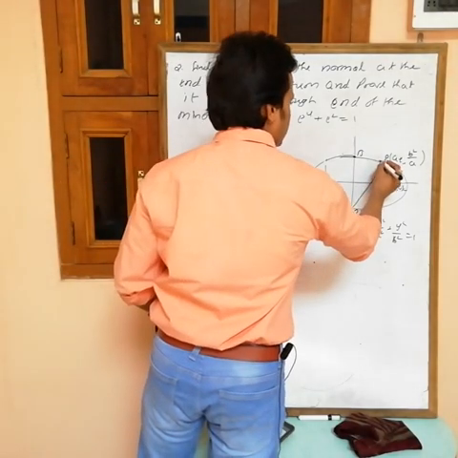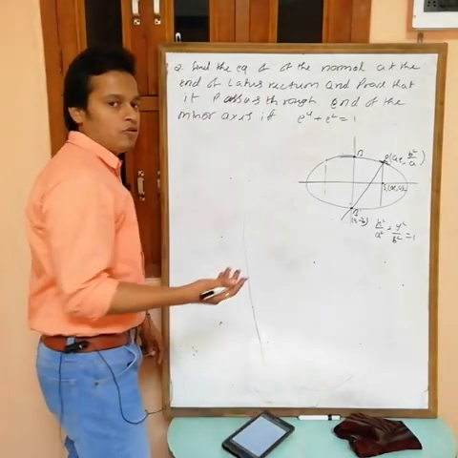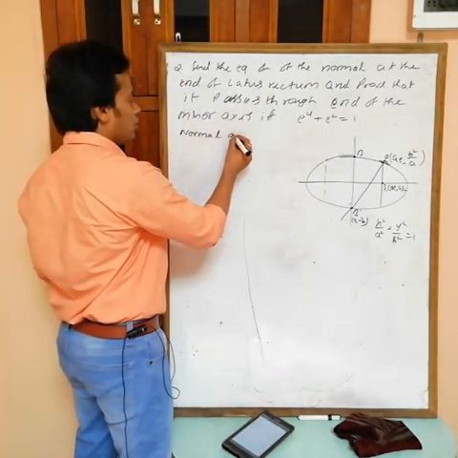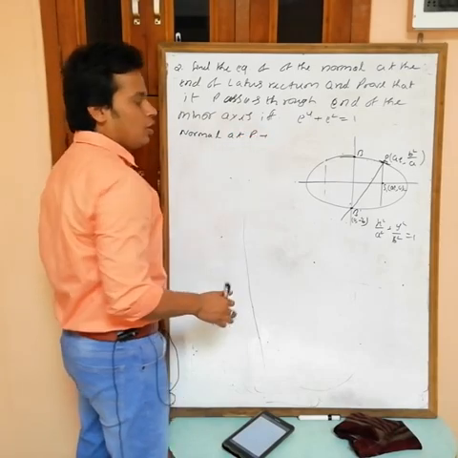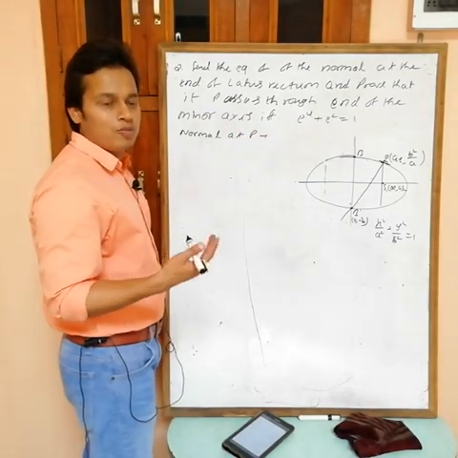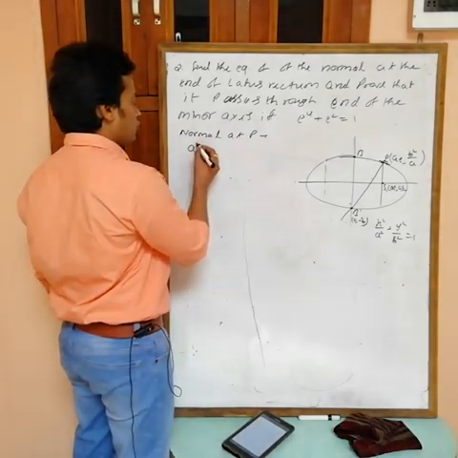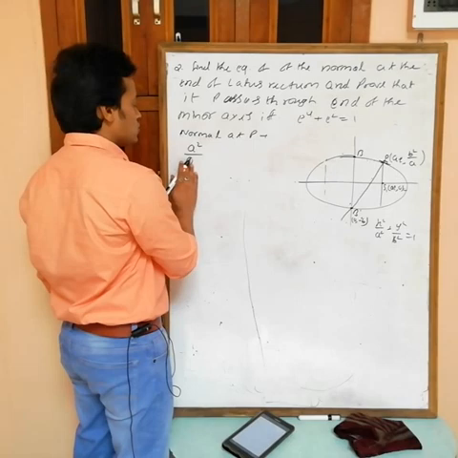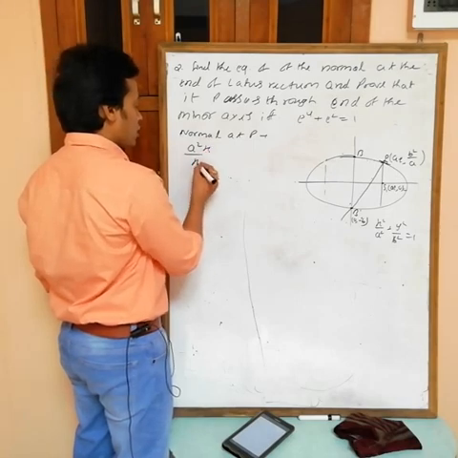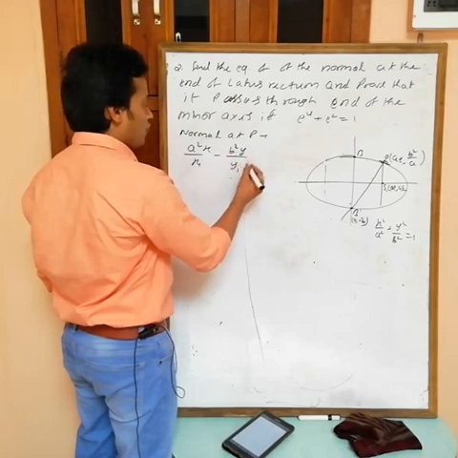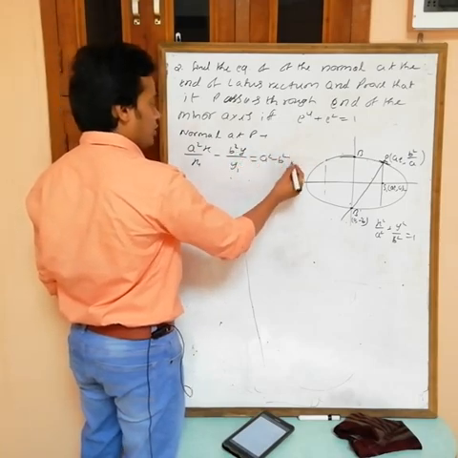So this is the normal at P. Now find the normal at P. The equation of the normal at x1 comma y1, because at this time we directly have the point, is a square x by x1 minus b square y by y1 equals a square minus b square.